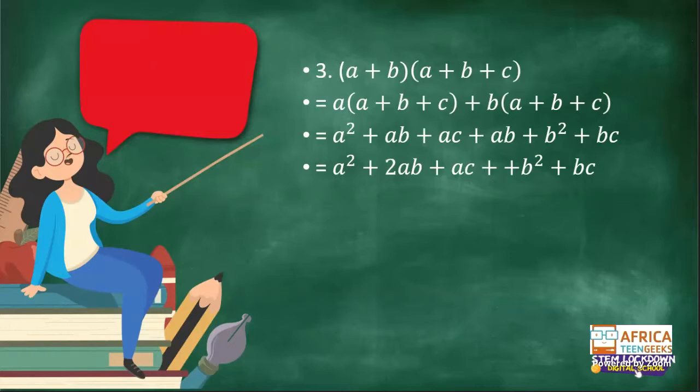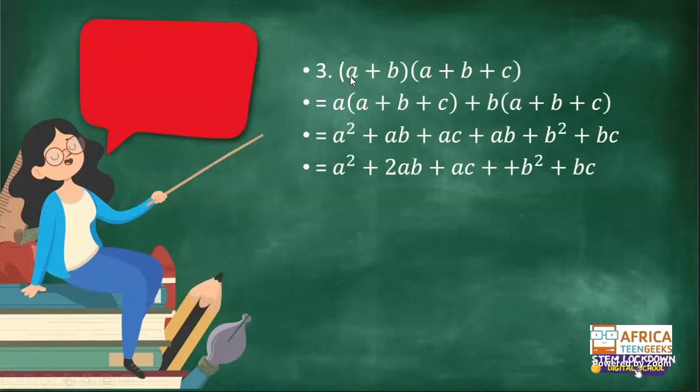Now, it is important to know that we need to separate A and B, meaning that you first take the A and you multiply it with the bracket there, and thereafter you take B and you multiply it with the bracket. That is what we have done in step 2.